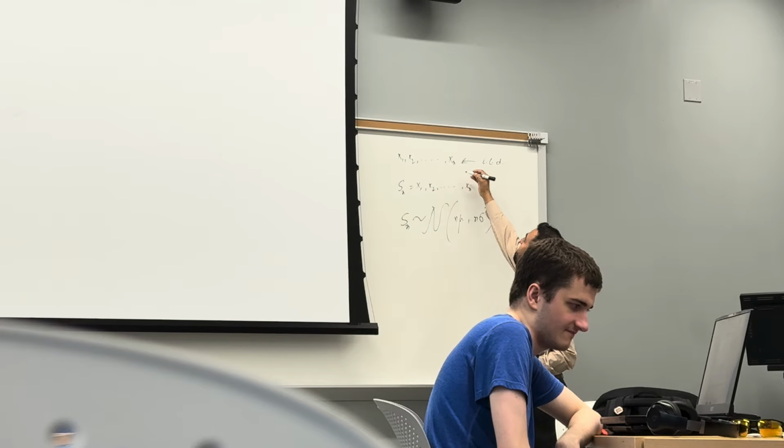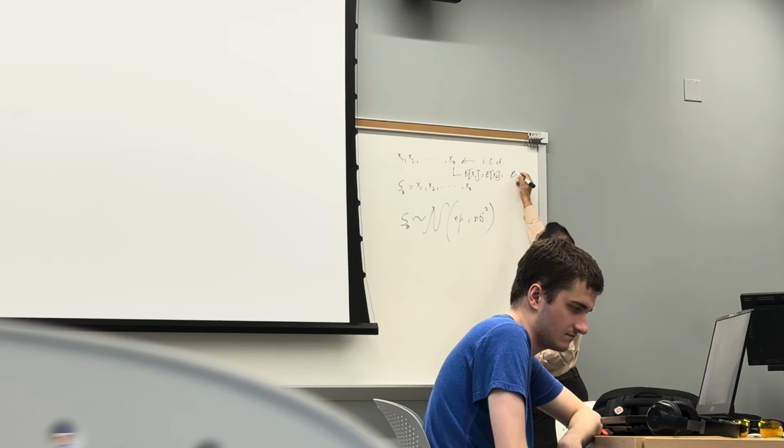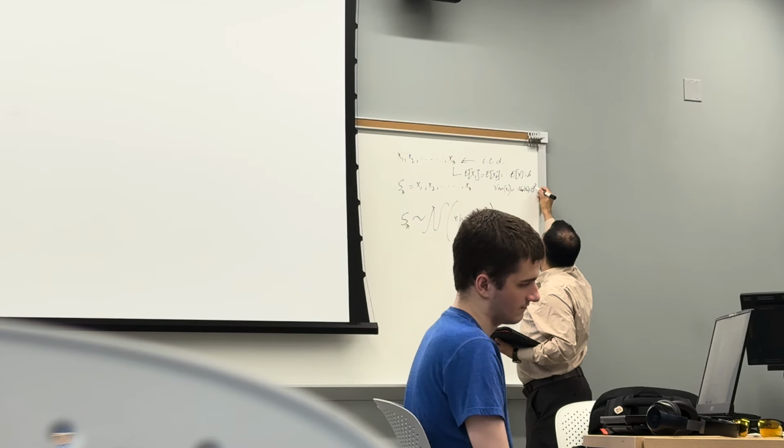What is mu? Mu is basically the expectation of x1, expectation of x2, and so on, which is mu, and the variance of x1, x2, and so on, which is sigma squared.